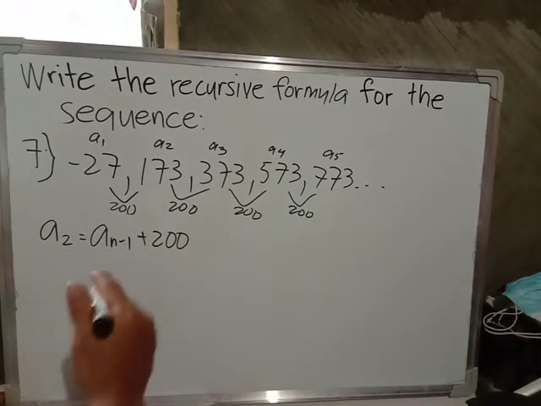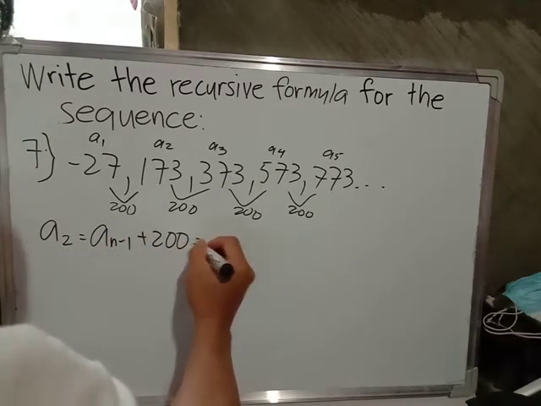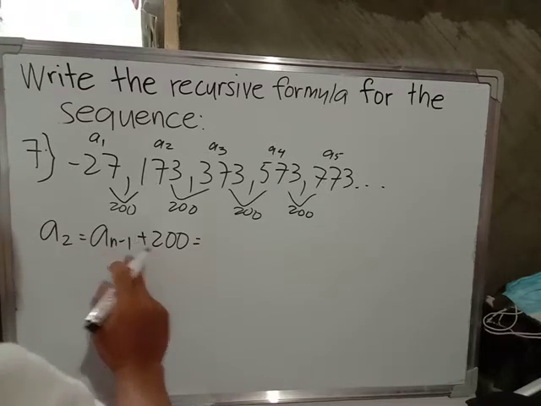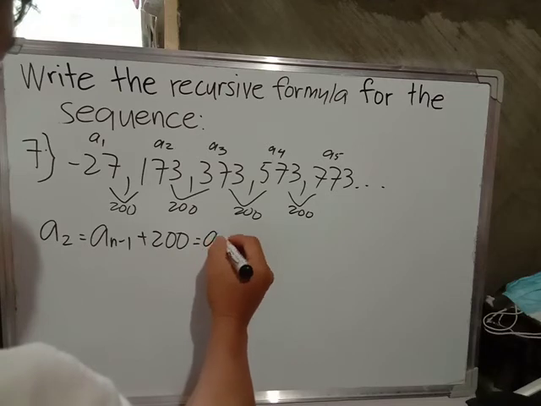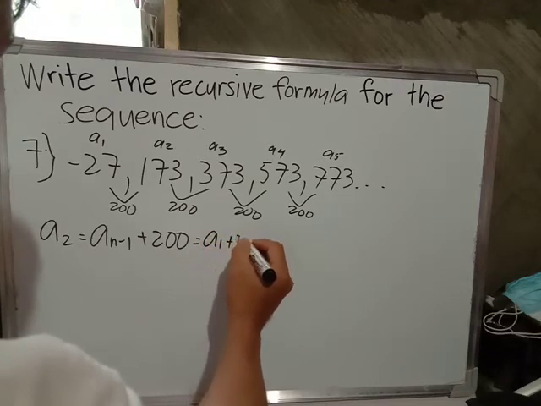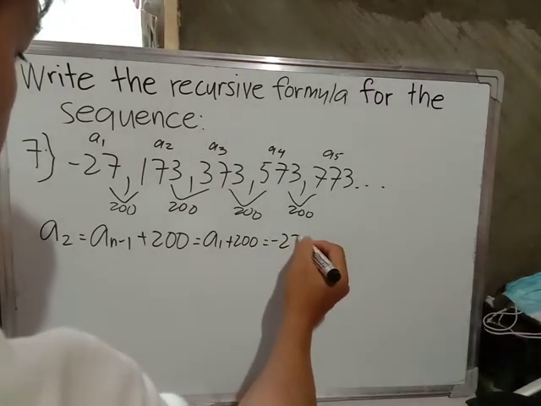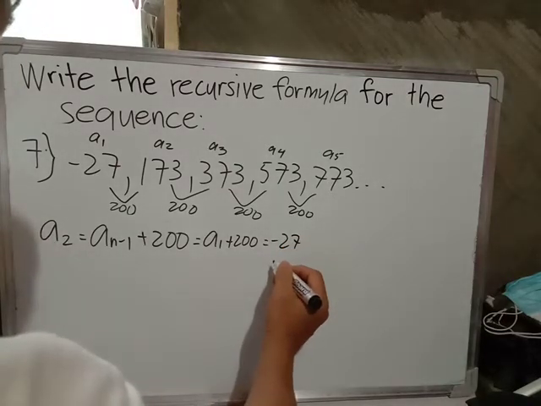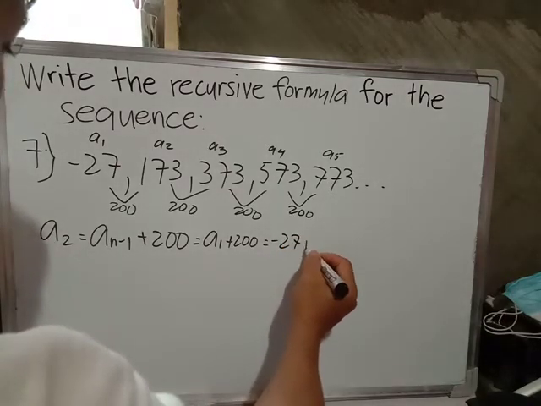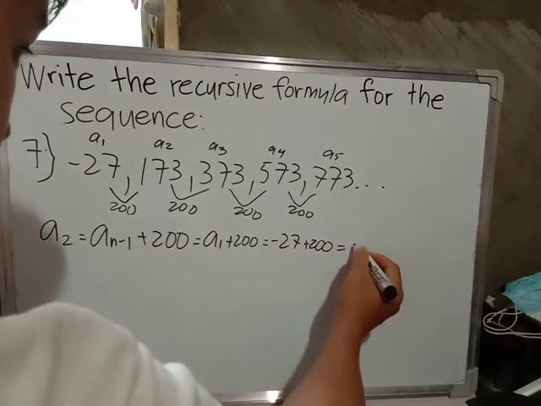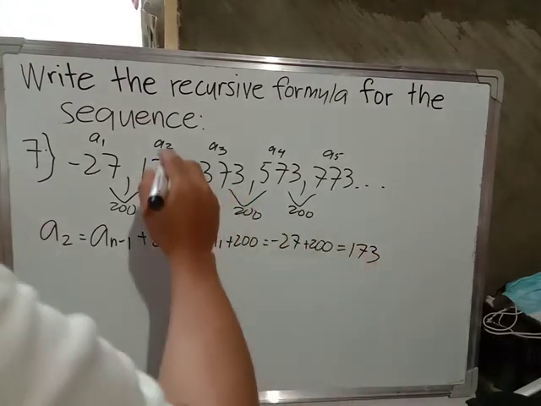So, a2 minus a1, 2 minus 1 is 1. So, magiging a1 plus 200 is equal to a1 natin is negative 27 plus 200. Negative 27 plus 200 is equal to 173. So, na-achieve natin ito.